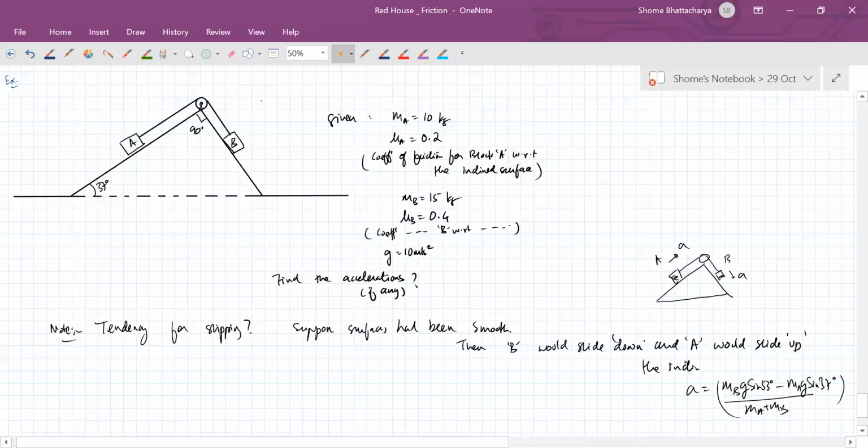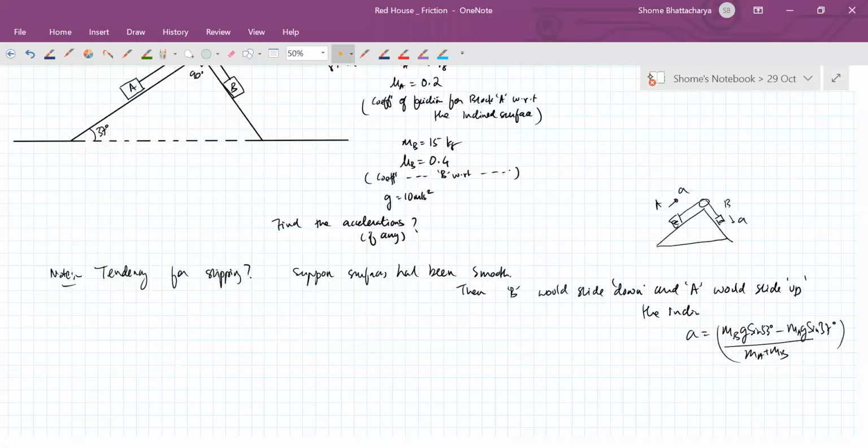But anyway, with friction, we don't know whether friction is able to prevent slipping or not. But we know that if friction acts, it should be in the direction opposite to slipping.